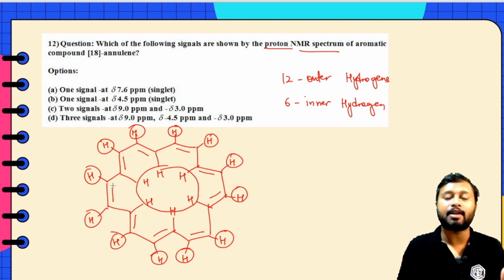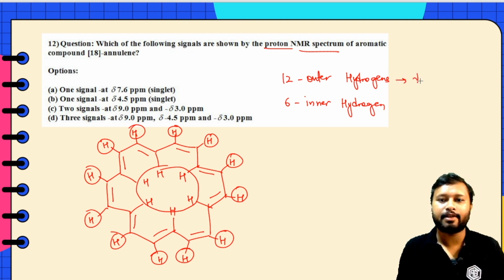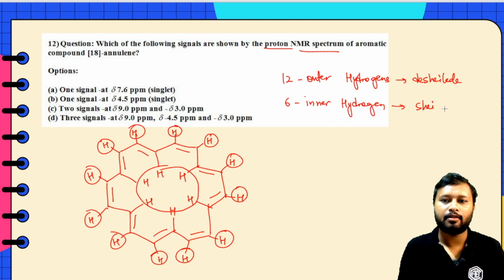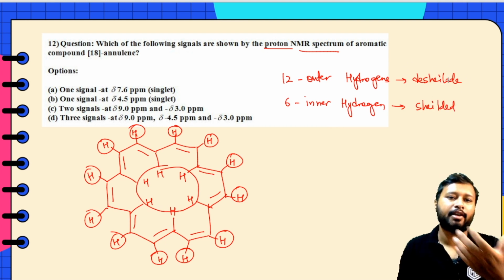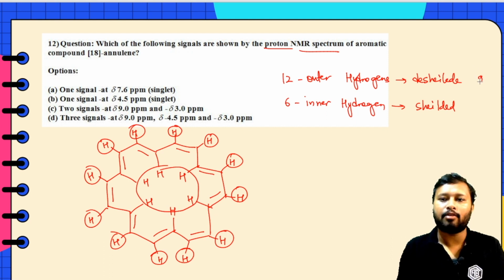The outer ones are de-shielded, you should know this, whereas the inner ones are shielded, and that's why the outer ones give you a chemical shift at a little higher value, around 9 ppm, and the inner ones will give you a chemical shift at lower values. They give you at minus 3 ppm.